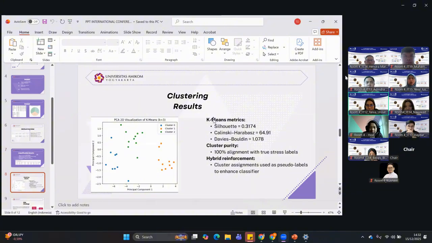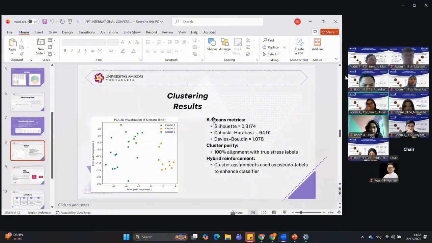Next, let's take a look at the clustering results. K-means with K=3 produced a silhouette score of 0.3174, indicating moderate cluster separation. The Calinski-Harabasz index was 16.91 and the Davies-Bouldin index was 1.078.